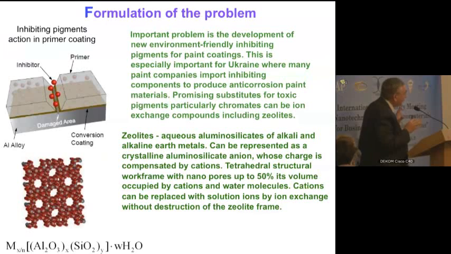And cerium inhibitors are to be used with chroma inhibitors. So we need to develop the new inhibiting pigments and possibly to replace the more toxic. So we're talking about more environmentally safe inhibitors, inhibitory pigments.